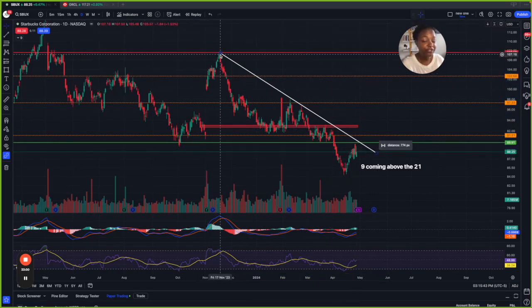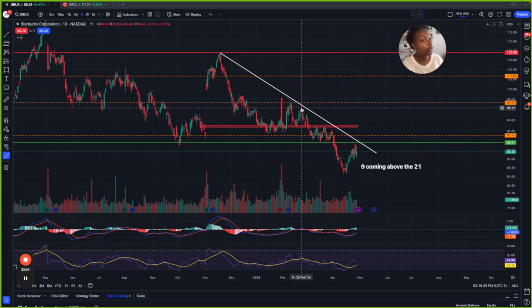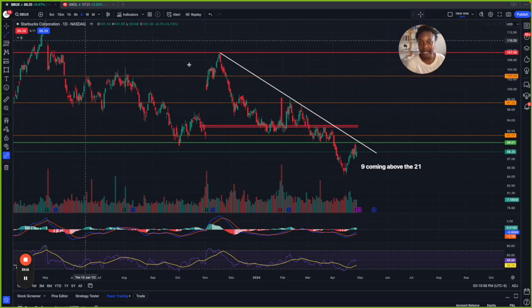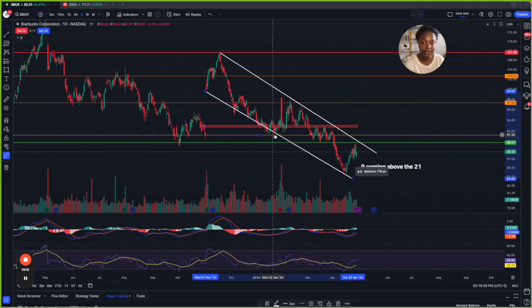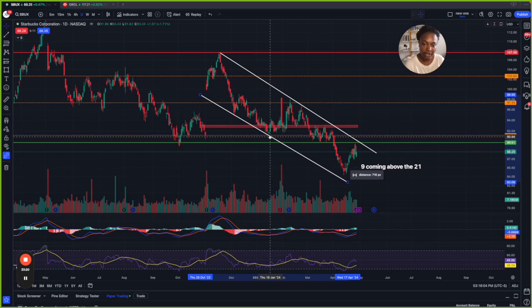And this starts from November 2023, rejected in February 2024. Again, kind of in February. Didn't quite get up there in March, and we've returned in here now in April. So that's the resistance trend line. And of course, we want to draw our support trend line as well. So I'm going to go ahead and mark that off there.